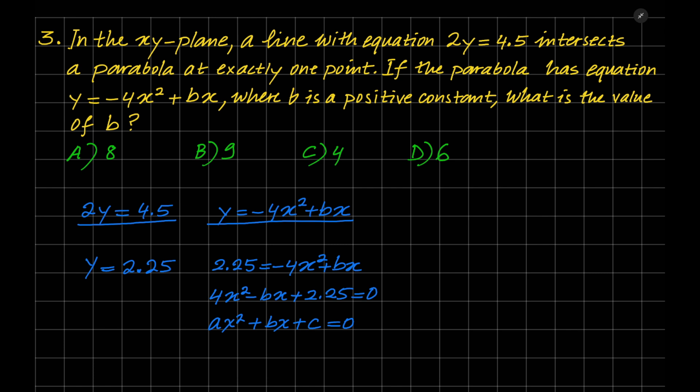Let's continue here. This quadratic equation has exactly one solution if the discriminant, b squared minus 4ac, is equal to 0.